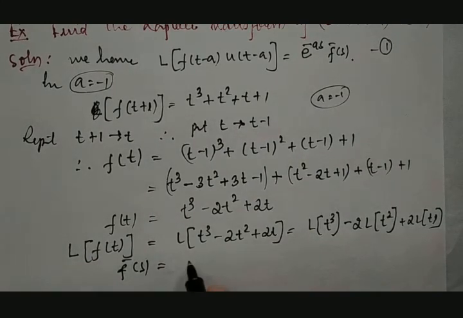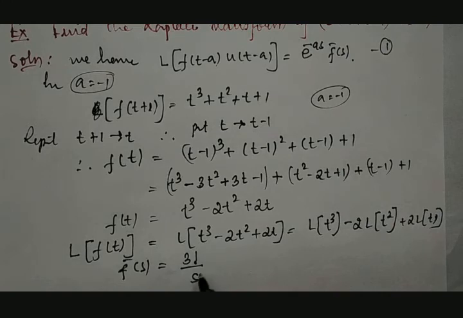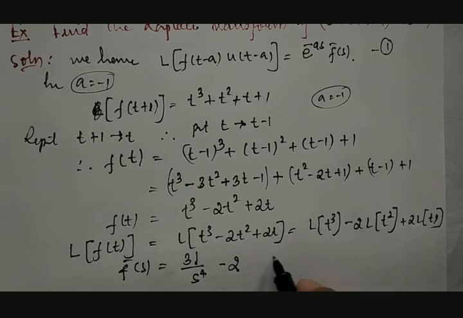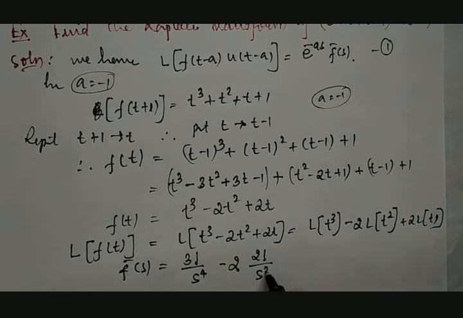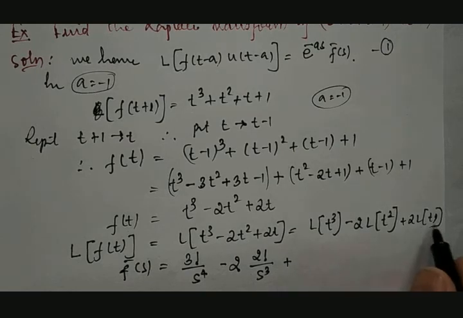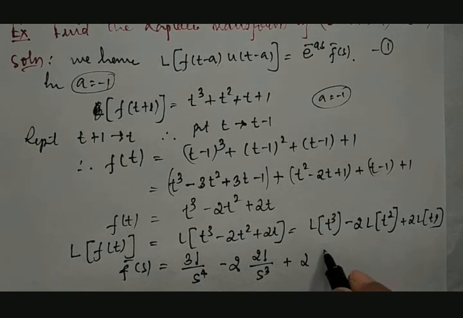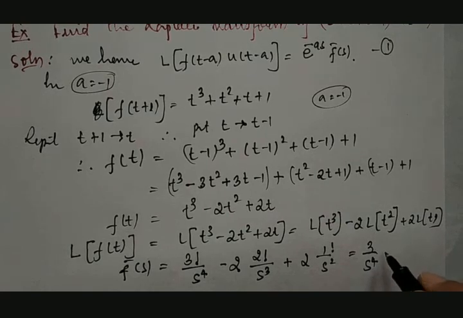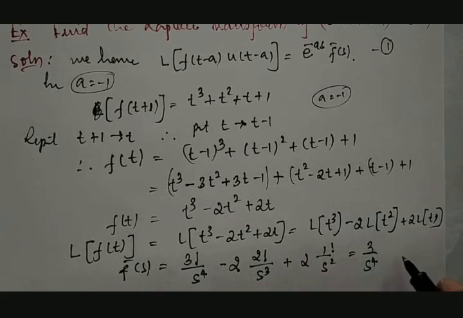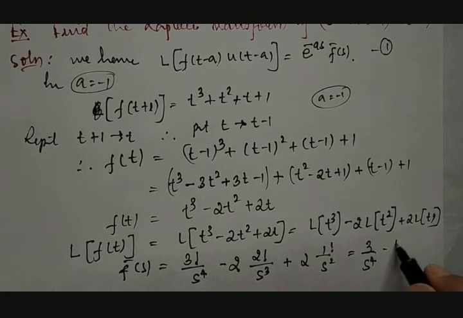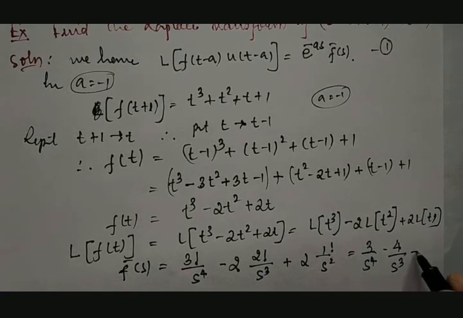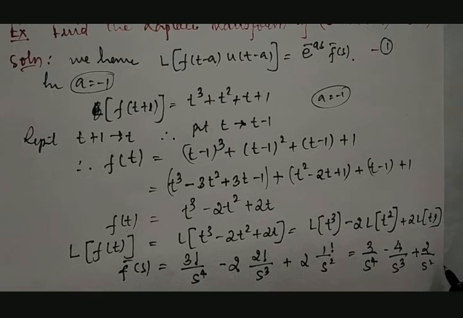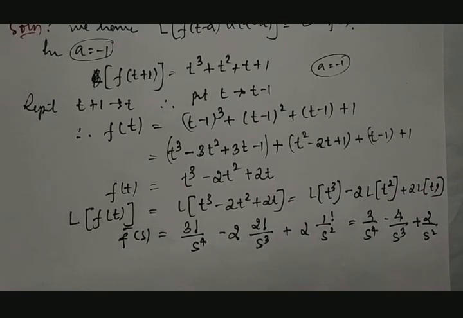Laplace transformation of t cube is what? 3 factorial divided by s raised to 4, minus 2 into t square is what? 2 factorial divided by s cube, plus Laplace transformation of t means 2 into 1 factorial divided by s square. Which is nothing but 3 divided by s raised to 4. 2 factorial is 2, 2 into 2, 4. That is minus 4 divided by s cube. Then this is 2 divided by s square. Fine. This is f bar of s.